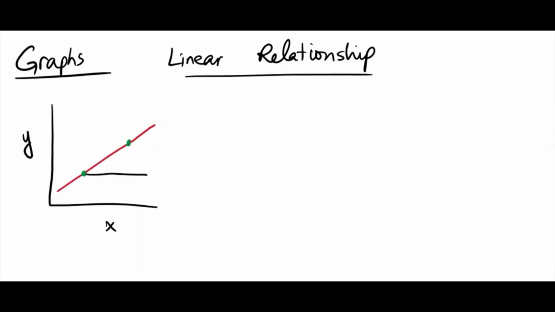So to find the slope, you can identify 2 points on the line of your best fit and extend those lines parallel to the x and y axes. Parallel to the y axis will give you this length, and parallel to the x-axis will give you this length. So now label it as rise and run.